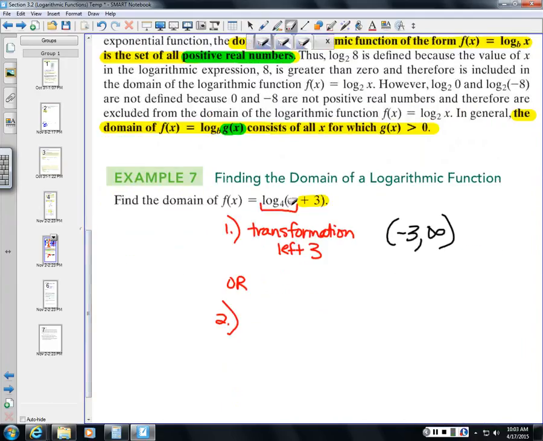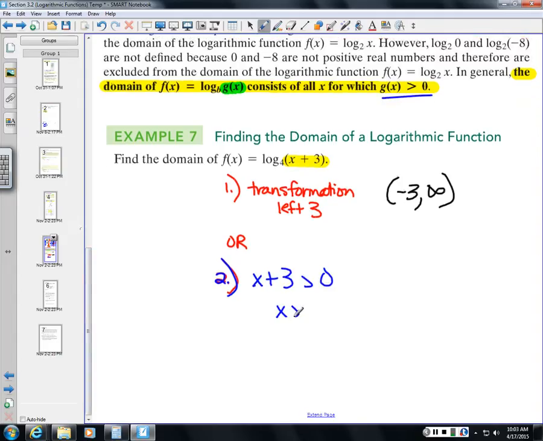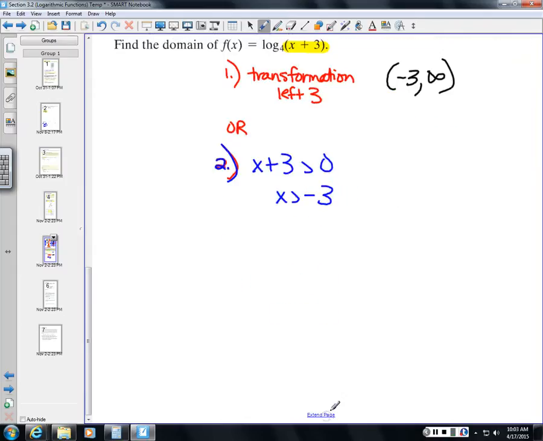Take the g of x part. So take what's behind your log, take that x plus 3, and set it greater than 0. That's what that's telling me to do here, and solve it. When I subtract my 3 over to the other side, my domain should be every x that's greater than negative 3, which as an interval, everything greater than negative 3, is going to obviously be to the right.